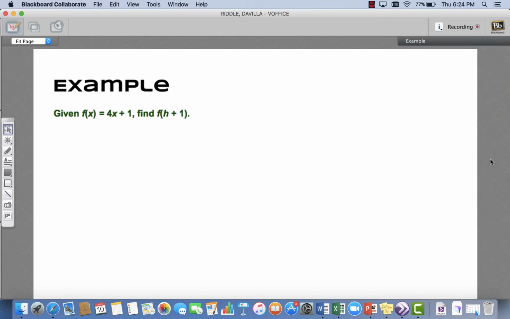So that's actually a really easy example, right? What about here? What if they gave you not just a number, but they also have a variable with it?